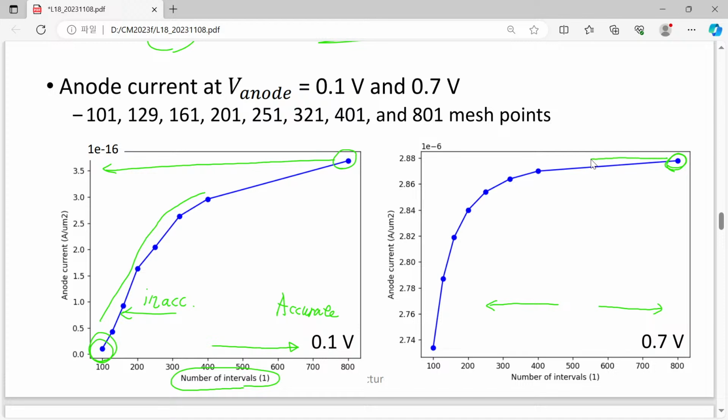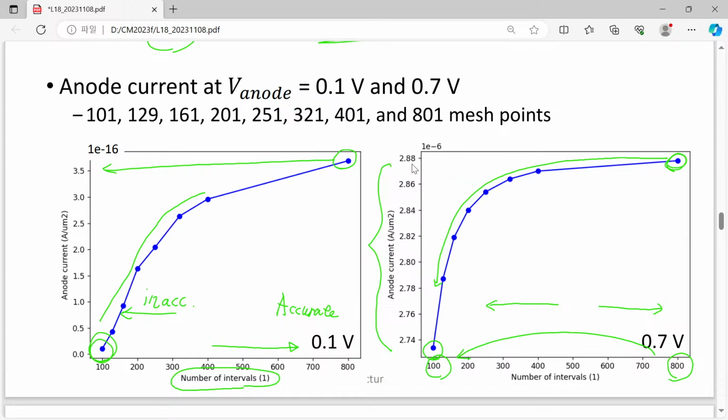However, when you decrease the number of points and introduce a coarser grid, we will have some differences here. Between this 800 and 100, we get a much faster simulation result, and at the same time we will get a degraded solution.